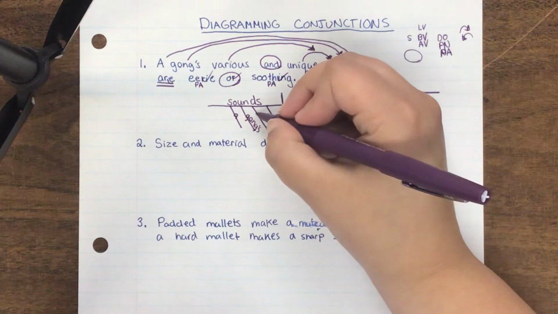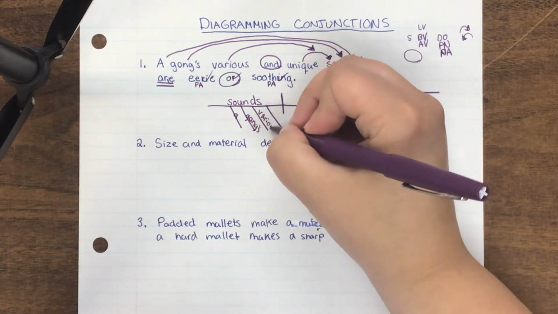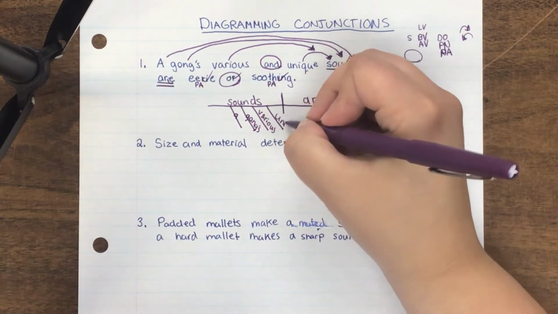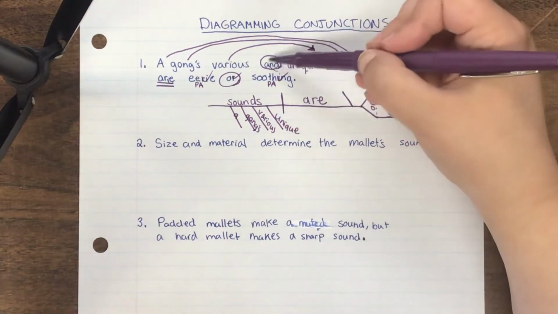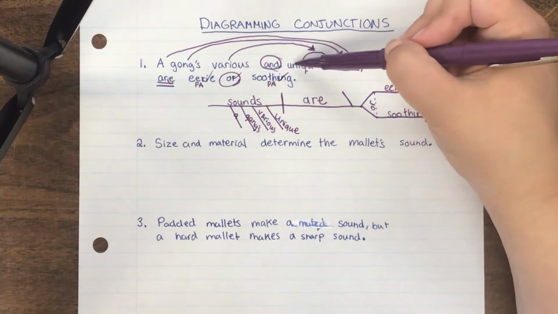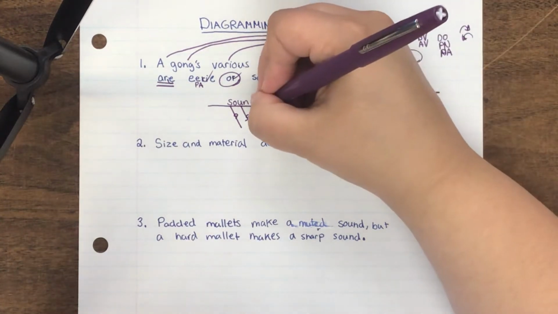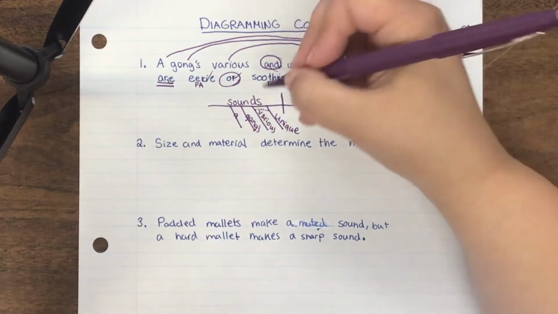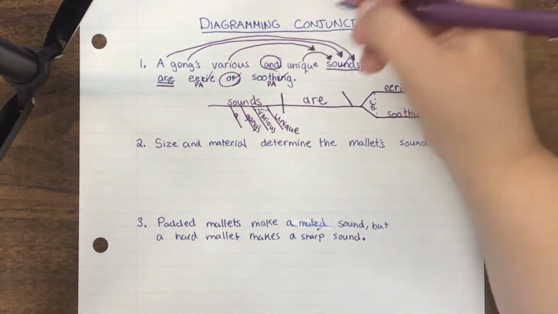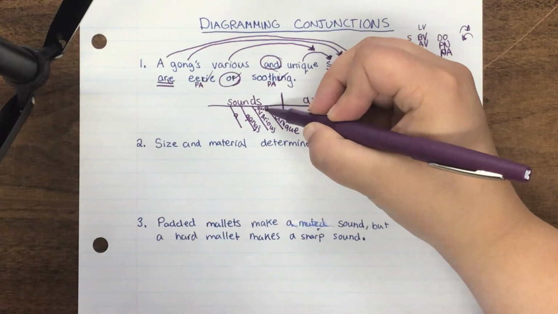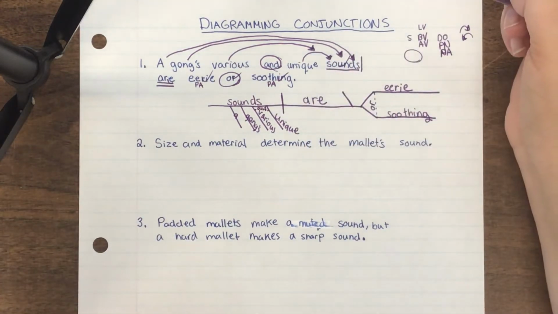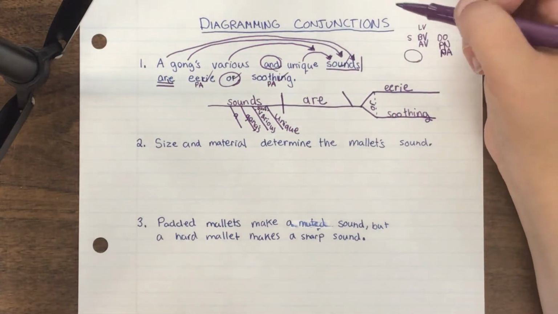Gongs, various, unique, sounds. Now, the two words that are connected with the and are various and unique. So I'm going to draw a dotted line connecting various and unique. And on that dotted line, it's going to be really hard to do, but I need to write a little and up there. And that's sort of what my sentence should look like diagrammed.